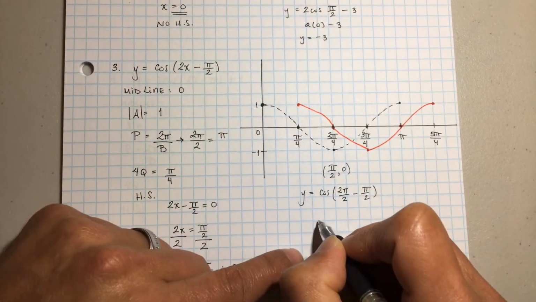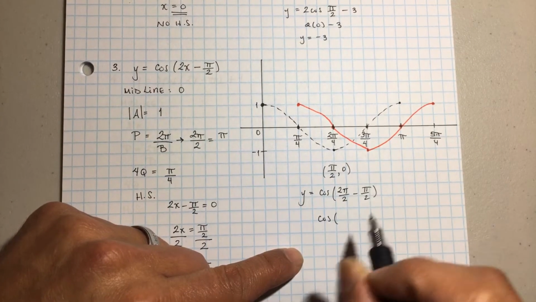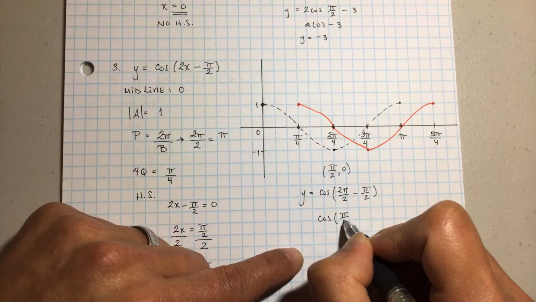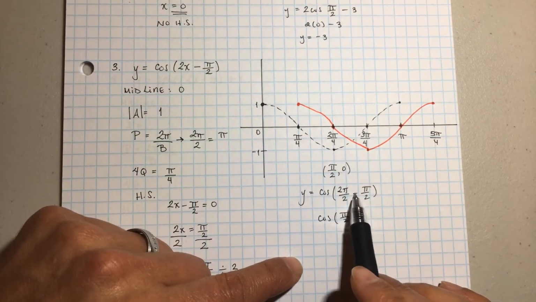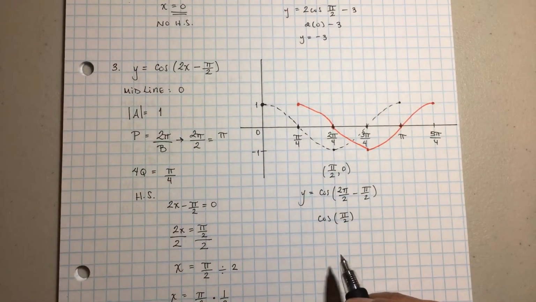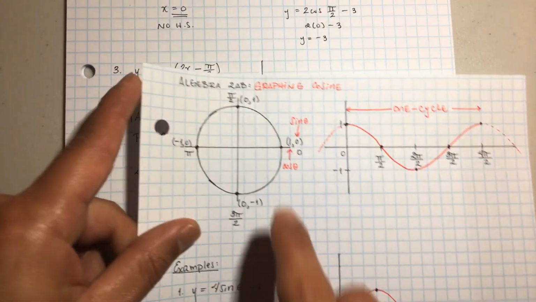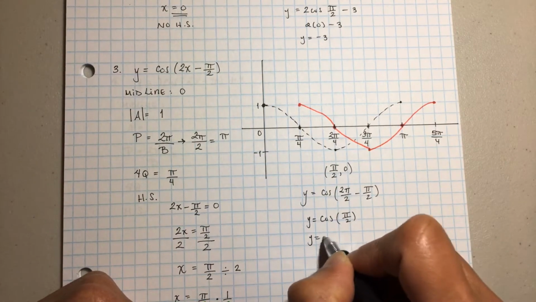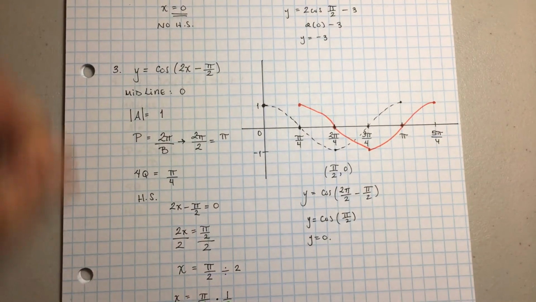Okay. Well, let's see here. 2 pi over 2 minus 1 pi over 2, that's going to give us pi over 2. Okay. 2 take away 1, right? And cosine of pi over 2, what is that? Remember, cosine of pi over 2 is 0. All right, cool. So we did it right. It works. We graphed it right.